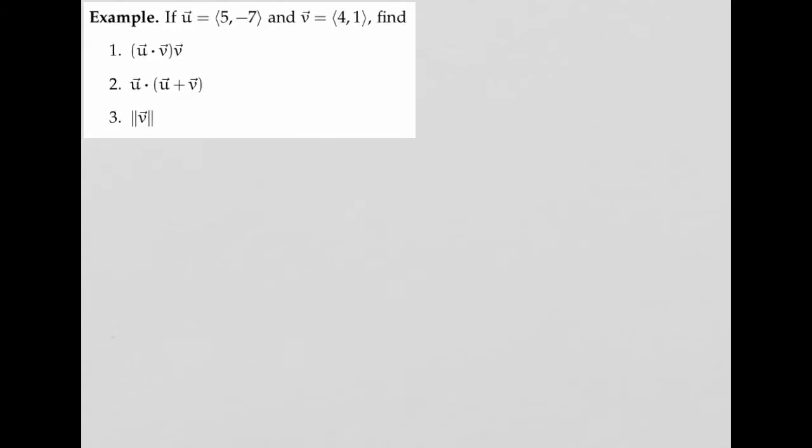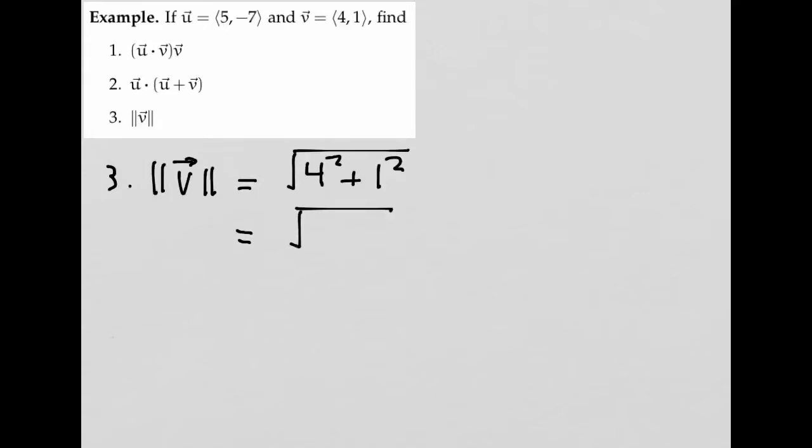Example 3, let's compute the magnitude of the vector v. That is the square root of 4 squared plus 1 squared. That's the square root of 16 plus 1, which equals square root of 17.